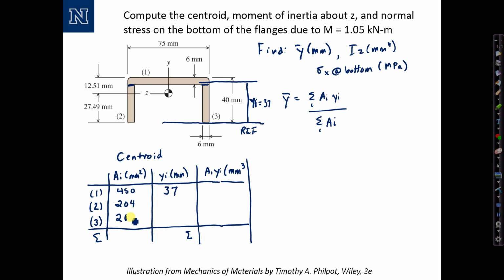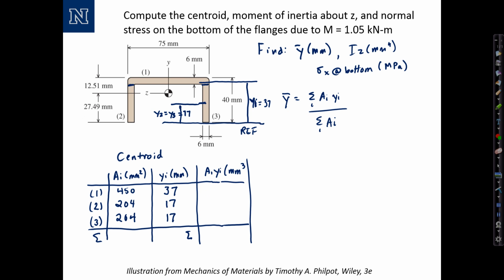And it's the same for both 2 and 3. The y sub i value, y2 and y3, is the distance from this reference up to the centroid of each of those sections. y2 equals y3 equals 34 divided by 2, or 17. So we can mark that as 17 for each of those.